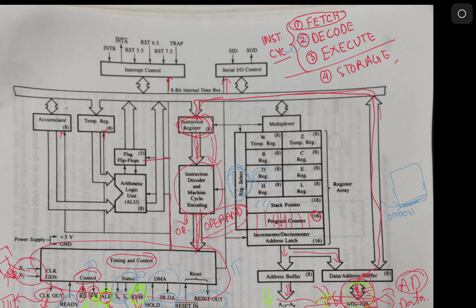And this multiplexer provides the path to transfer the content of that particular register back to the data bus, and it will be transferred to the accumulator and temporary register according to the type of instruction.